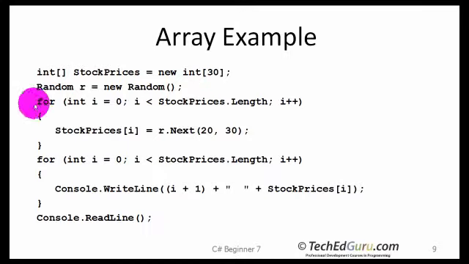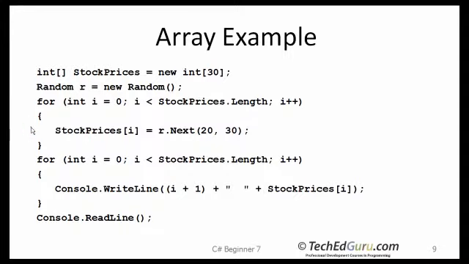And then I set up a for loop here, which goes from i equals 0 to i less than the length of that array. This is a good way of setting up a loop for looking at or dealing with all the elements of an array. This will make sure that you never are outside the bounds of an array: 0 through the length, i less than stockPrices.Length.